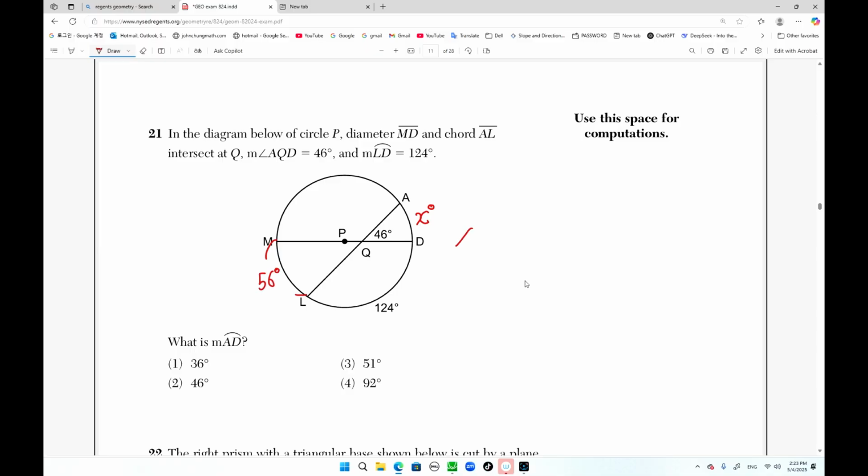So now check it. x plus 56, that's the formula, right? Divided by 2, which is the average, equals 46. So x plus 56 equals 92. x equals 92 minus 56, 36, right? Yeah. This is 36 degrees.